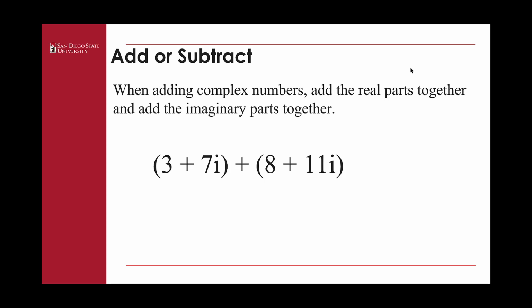So if we add 3 plus 5i to 8 plus 11i, we will only add 3 to 8 and 5i to 11i, because 3 and 8 are the real part, which represent a in the generic form, and 5i and 11i would be bi in the generic form.